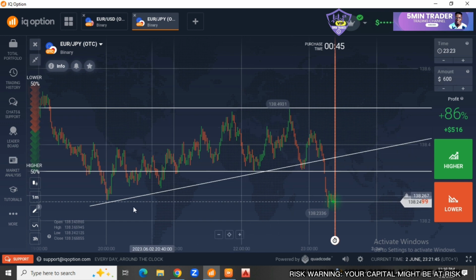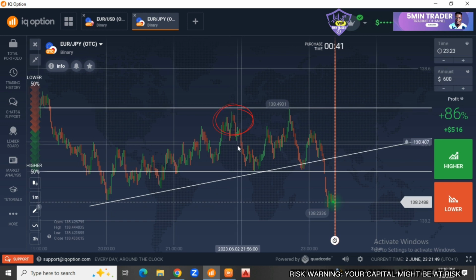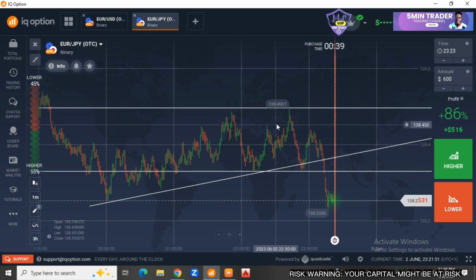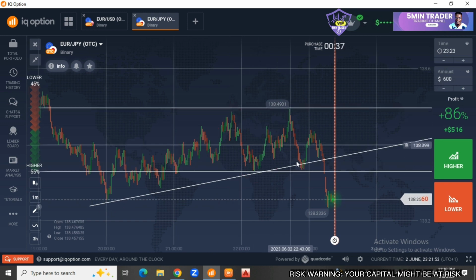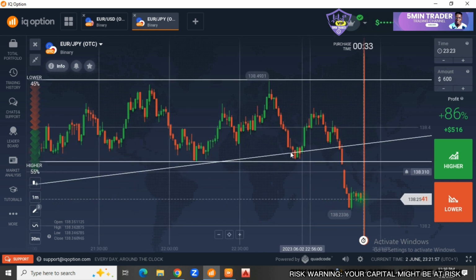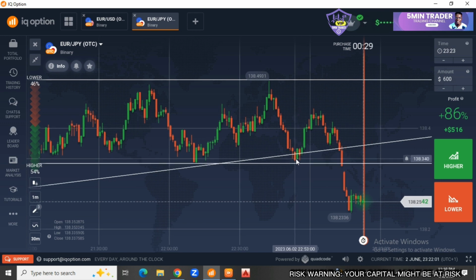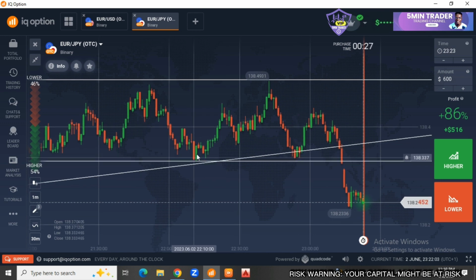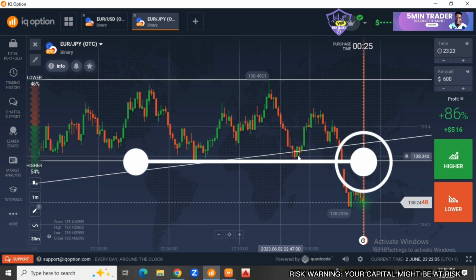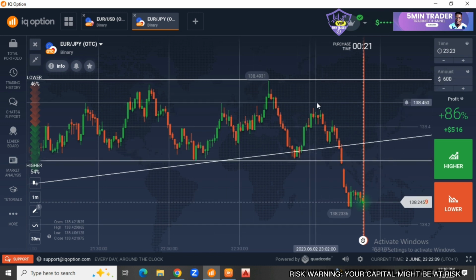So you can see that this is a low, this is a high, this is a higher low, this is a higher high. Now this is supposed to be a higher low, but this low is now almost equal to this previous low. So this is a sign that the buyers are losing momentum.